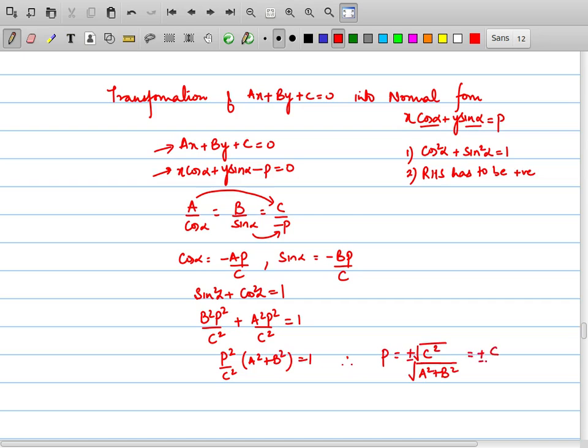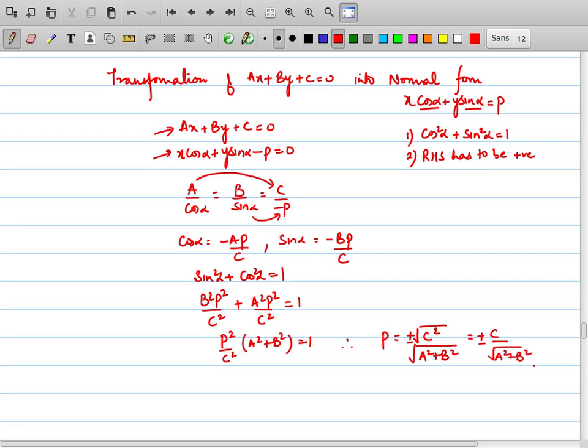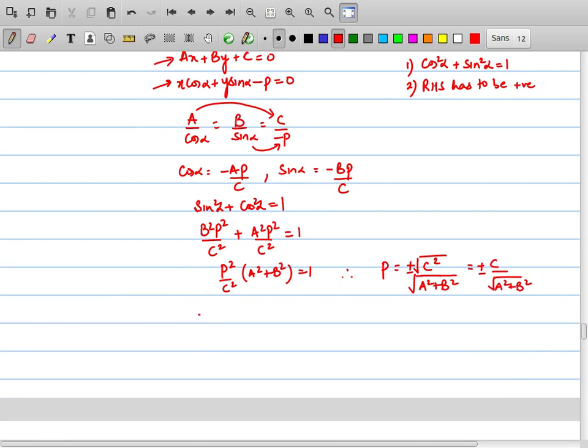So this comes out as plus minus C upon under root A square plus B square. Since p is always positive, since it represents a length, we take p equals C upon under root A square plus B square. Therefore, if we put the value of p in the equation, what do we get?